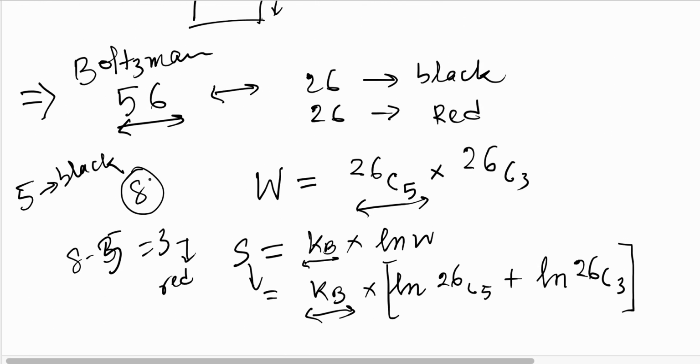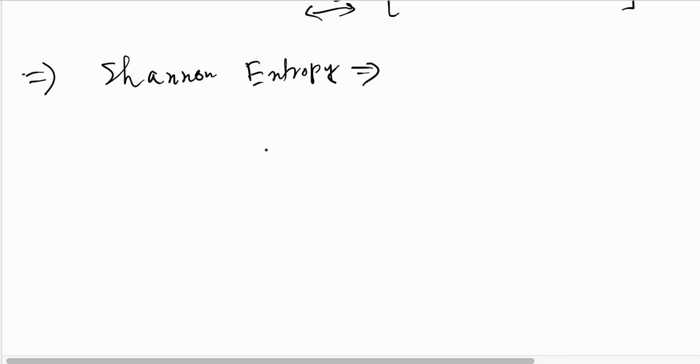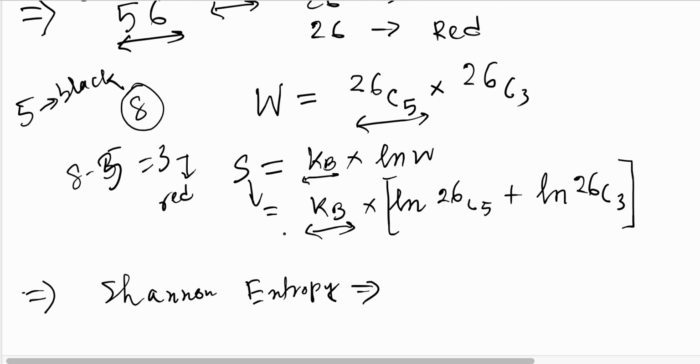So what is the probability? Out of 8, 5 will be black. What is the probability that I will pick 5 black and 3 red simultaneously?